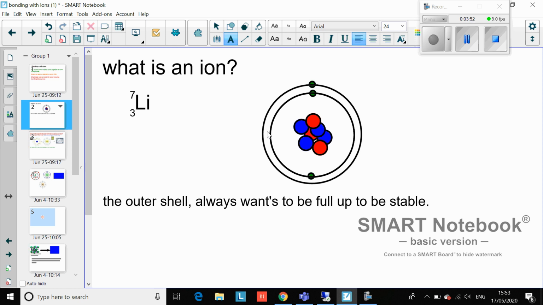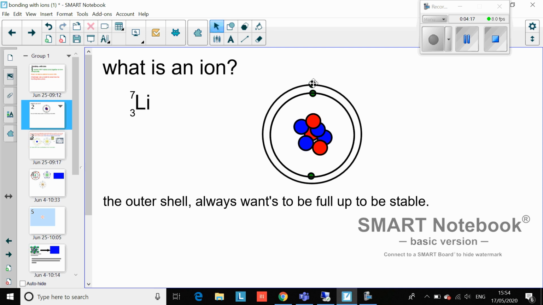Also, some of you probably spotted that if you had 7 extra electrons, there'd be way more electrons than there would be protons. So the way it works is this. I suppose the question is, is it easier to ditch 1 and gain a full outer shell or gain 7?